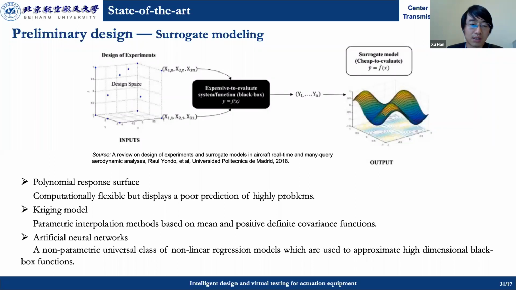These are all very light mathematical functions with very low calculation cost, but still with relatively high accuracy to predict the performance of the actuator. So this is a necessary technique for optimization design during the preliminary design stage. Next slide, please.